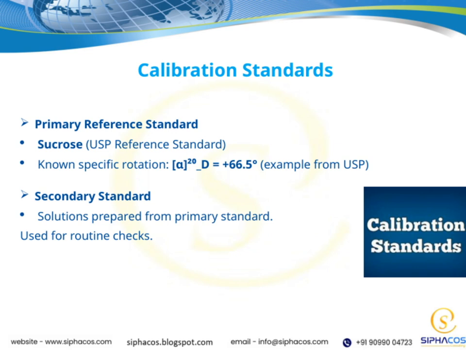So, to tie it all together, calibration standards are fundamental for accurate optical rotation measurements. The primary standard provides the definitive reference point, while the secondary standards are practical tools for regular verification. This process helps us maintain precision and confidence in our analytical results throughout the testing process.